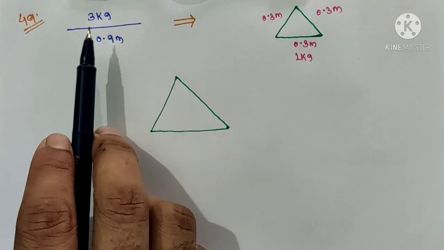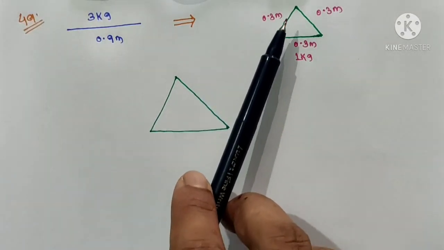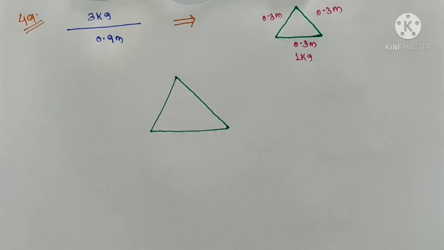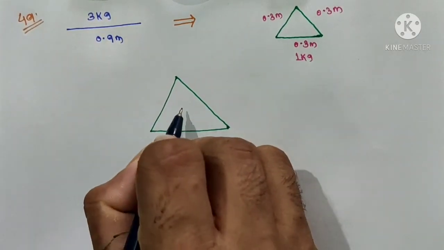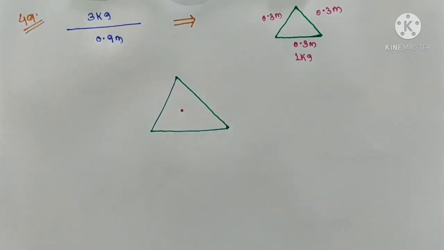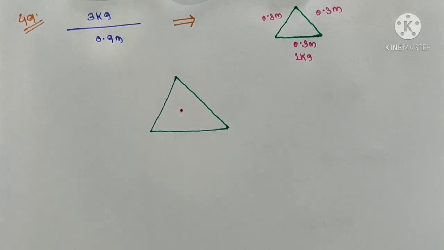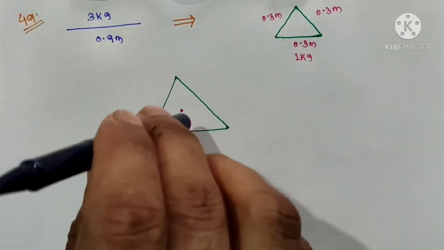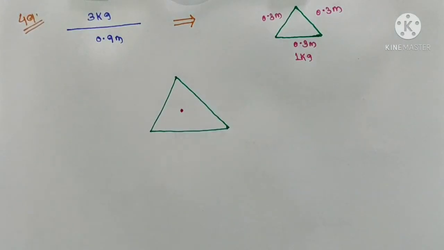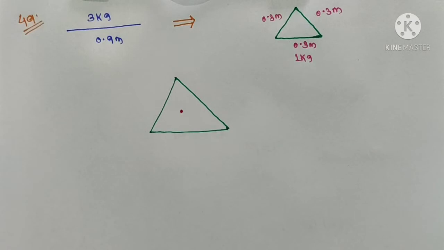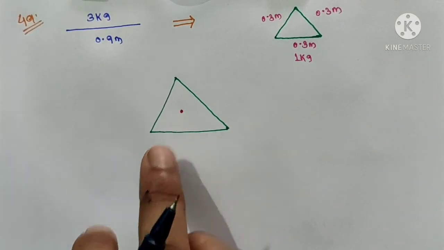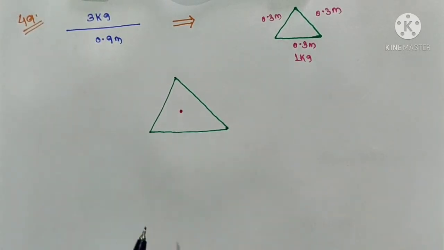So now we have to find the moment of inertia for this triangle about this axis passing through its center and perpendicular to its plane. To find it, we have to define moment of inertia for each side.